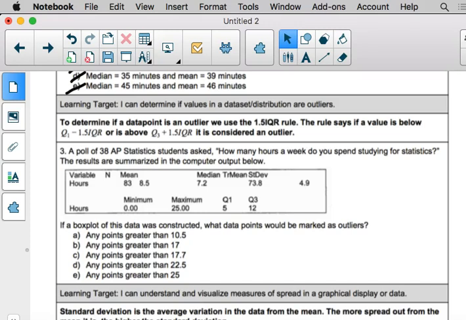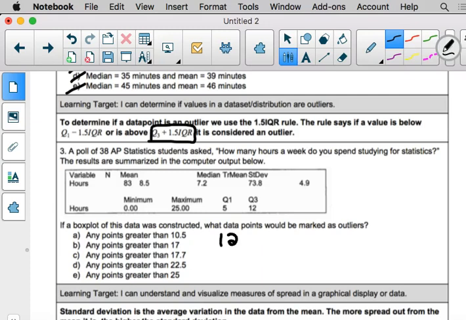Now notice they're only asking about greater thans, so we only really have to worry about the upper end. If I calculate that and I have any values beyond it, then those would be deemed outliers. So the upper fence is Q3, which is 12, plus 1.5 times the IQR. Remember, IQR equals Q3 minus Q1.